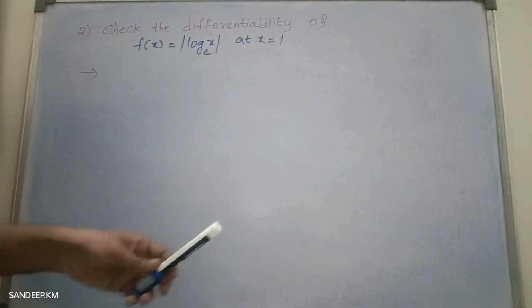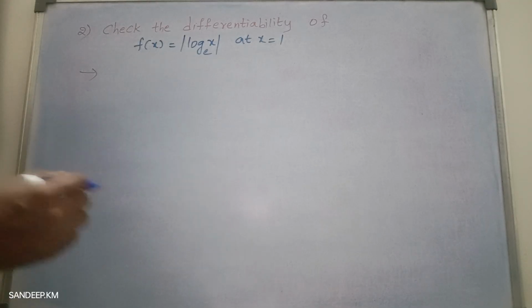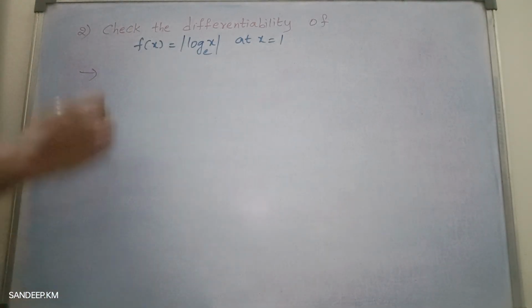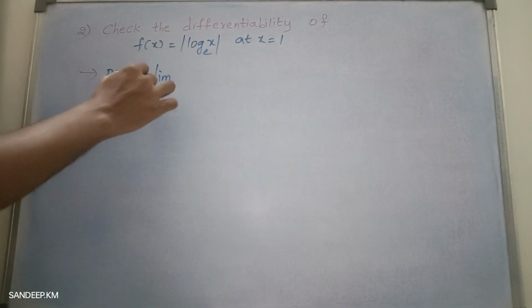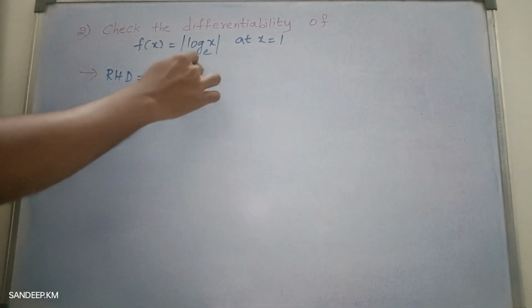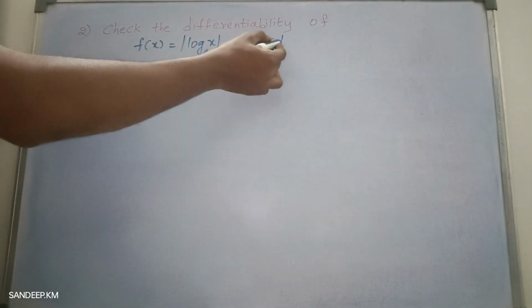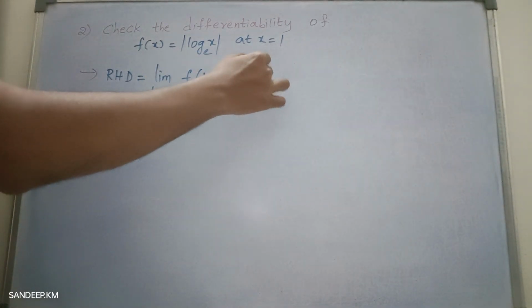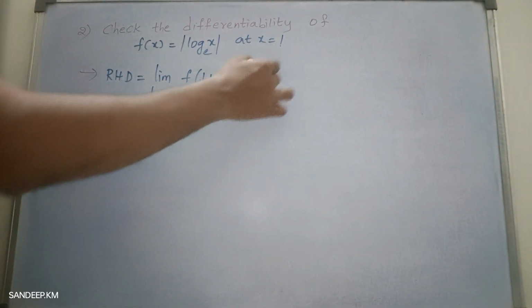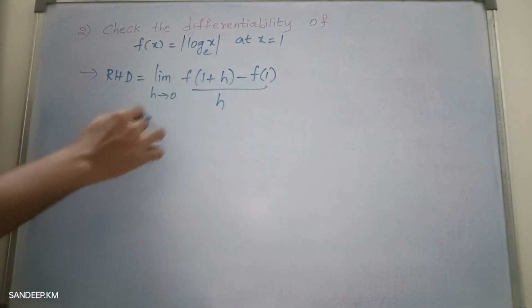For this, first let me find the right hand differentiability, RHD. Dear students, RHD is equal to limit h approaches 0 of f of a plus h minus f of a, divided by h.